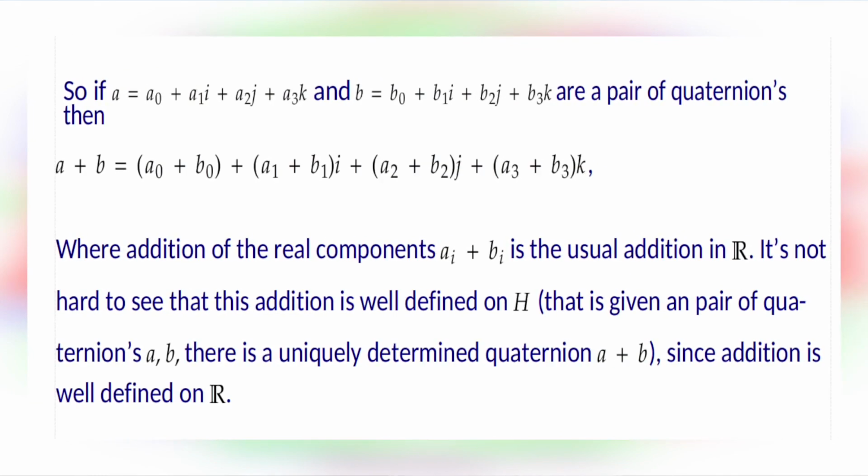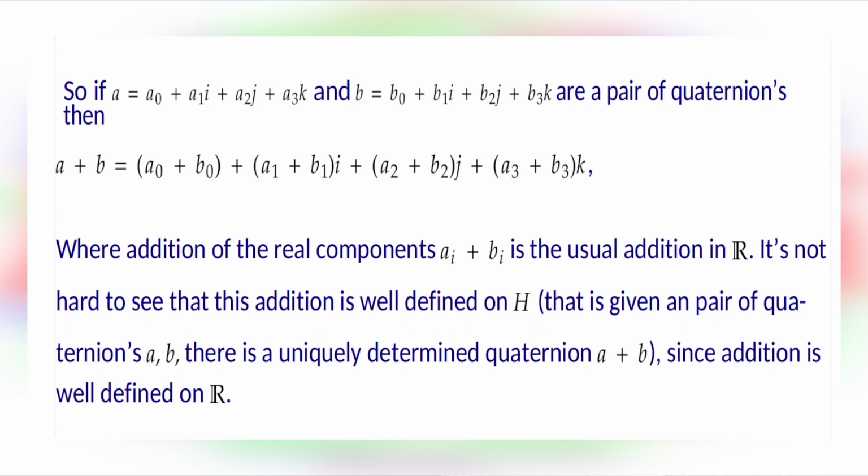So, if A is equal to A0 plus A1i plus A2j plus A3k and B is equal to B0 plus B1i plus B2j plus B3k are a pair of quaternions, then A plus B is equal to (A0 plus B0) plus (A1 plus B1) into i plus (A2 plus B2) into j plus (A3 plus B3) into k, where addition of the real components Ai plus Bi is the usual addition in R.